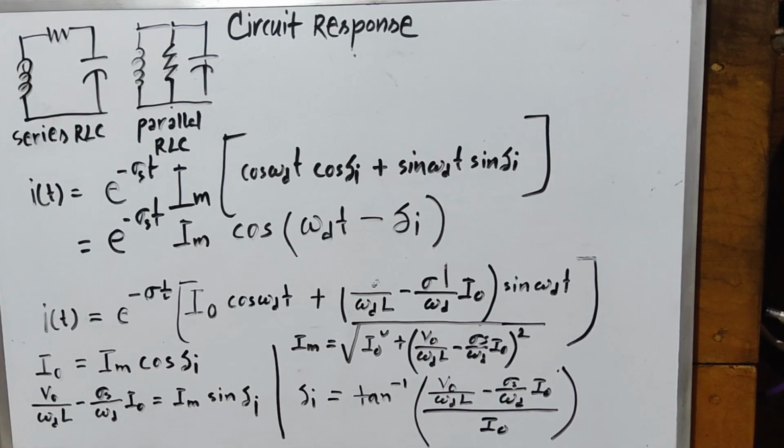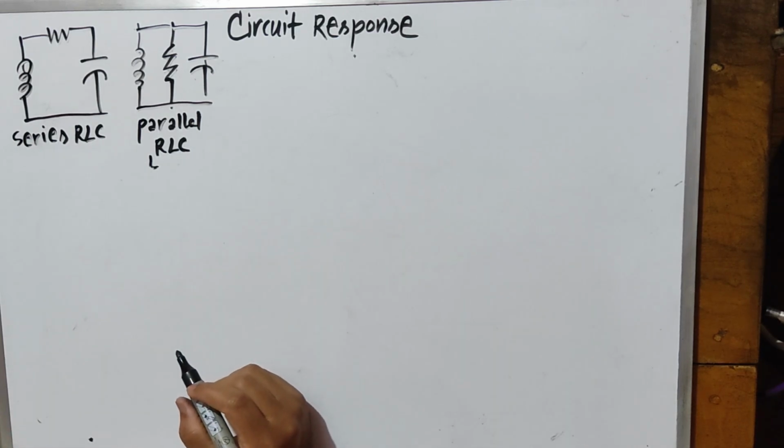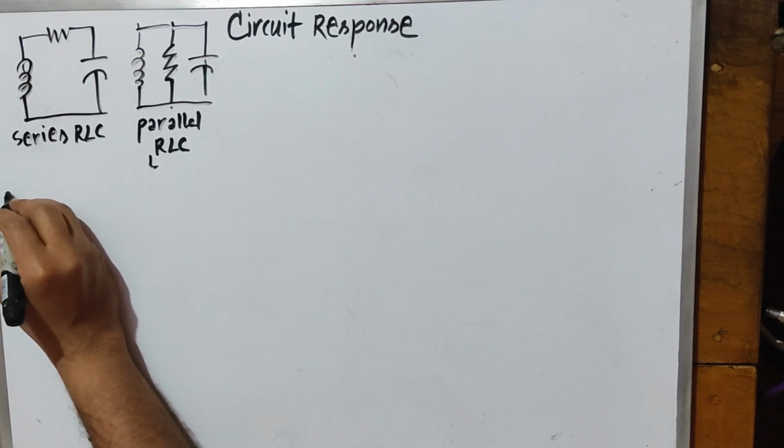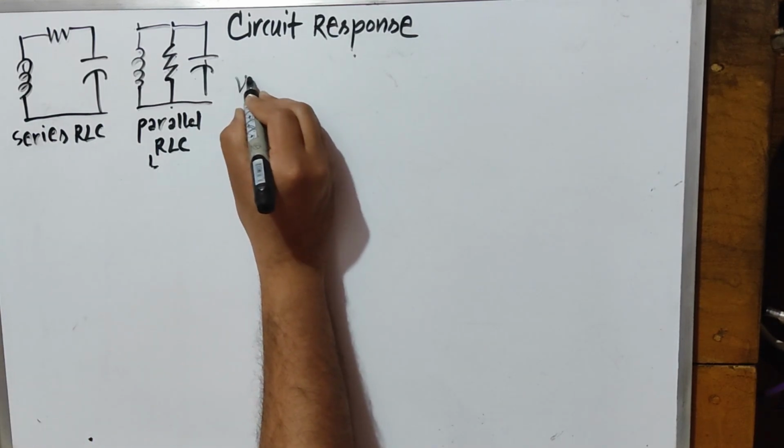Now I'm going to express the voltage response of the parallel RLC circuit in amplitude phase form. In my previous video of the circuit analysis for the parallel RLC circuit, I found the voltage response. So let me write it here.